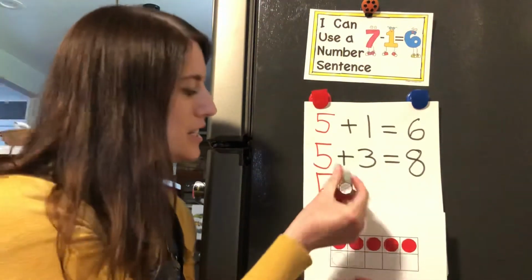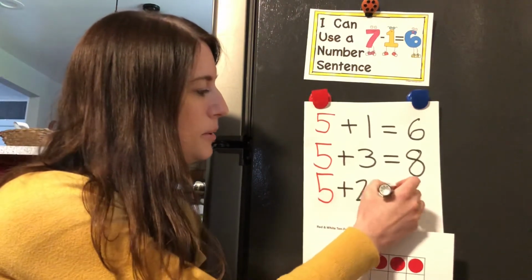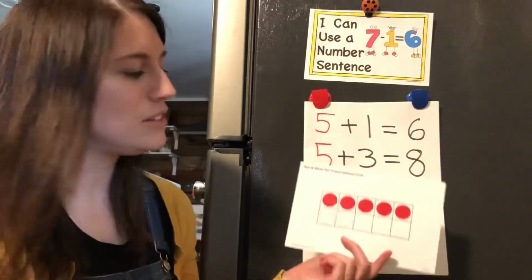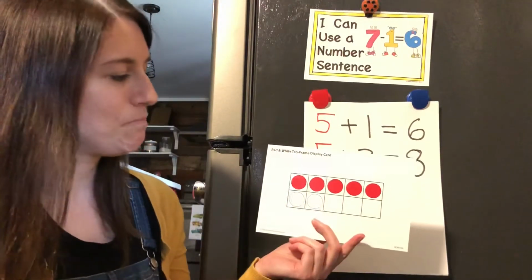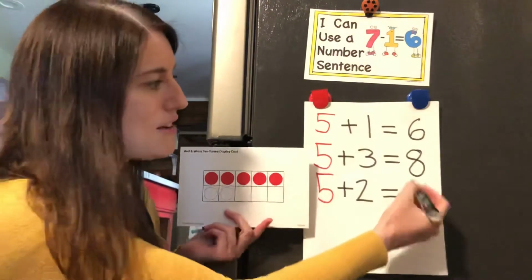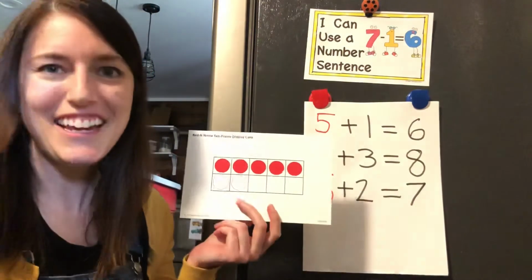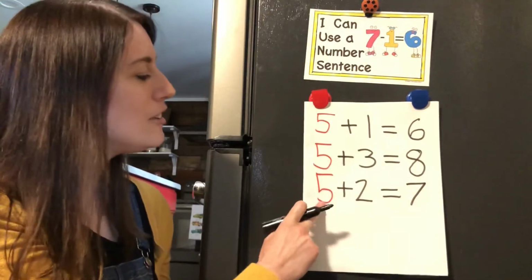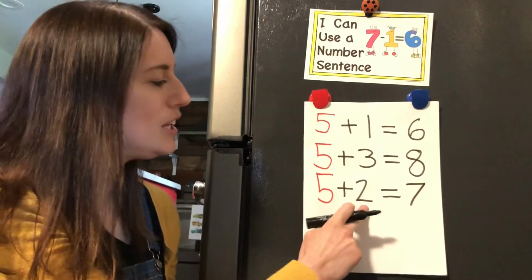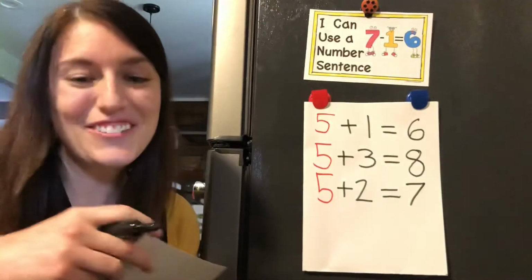So I'll write plus 2 makes, or equals, let's count all of them, 5, 6, 7. So I can write 7 here. There we go. Okay. Let's read our equation together. 5 plus 2 equals 7. Okay, are you ready for another one?